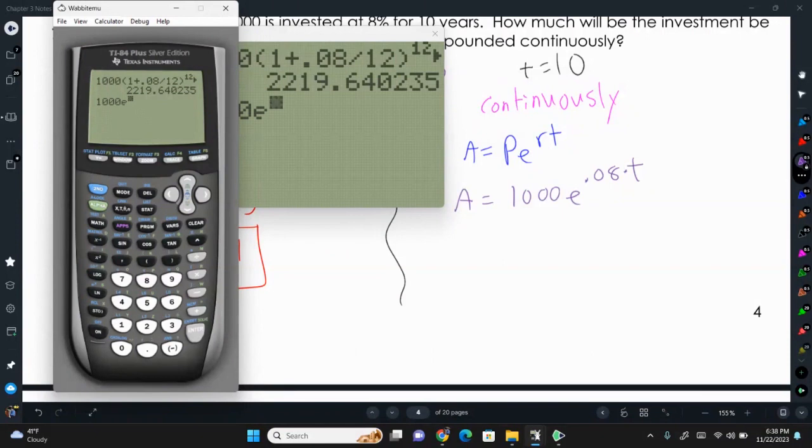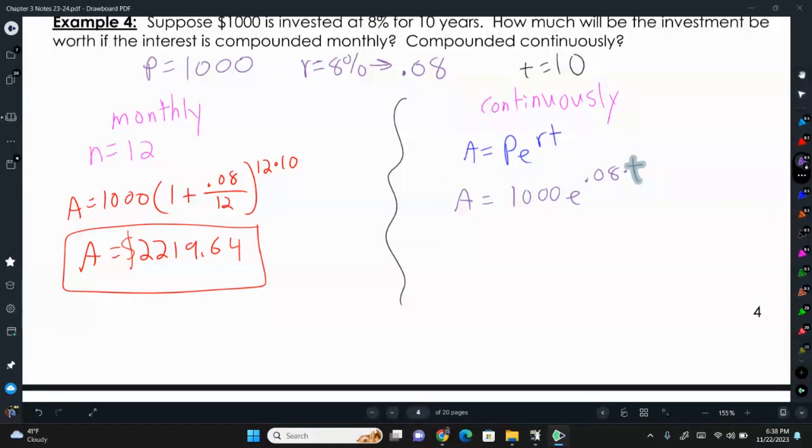That gives me e raised to the 0.08 times, we know t is 10. So we get $2,225.54. So it is better to compound continuously if you have that option.